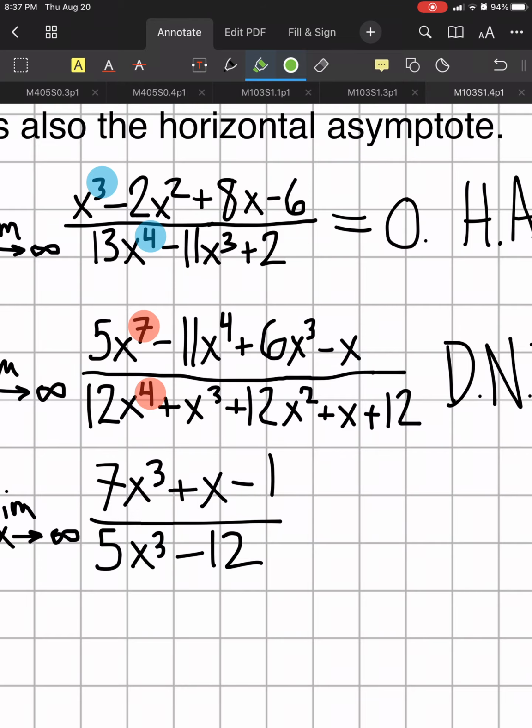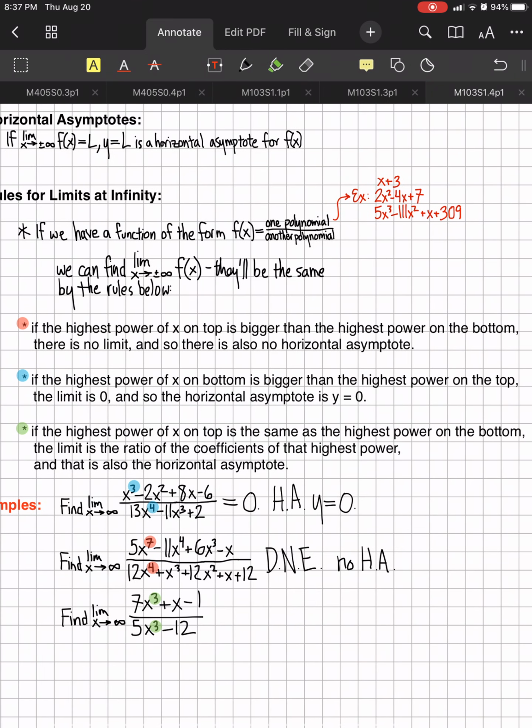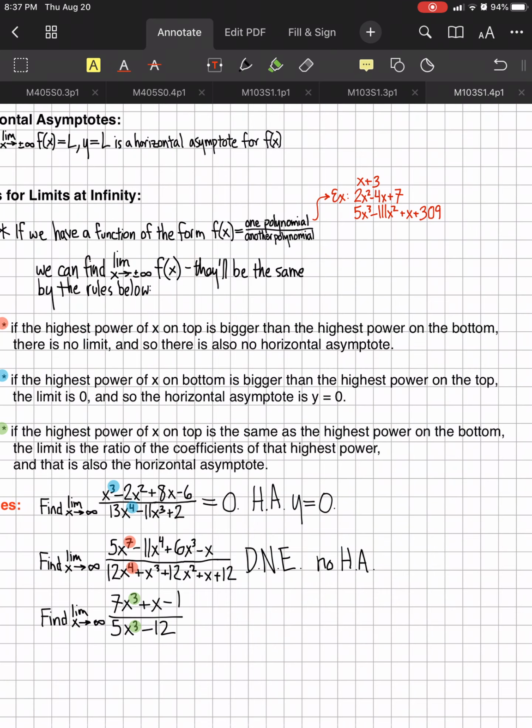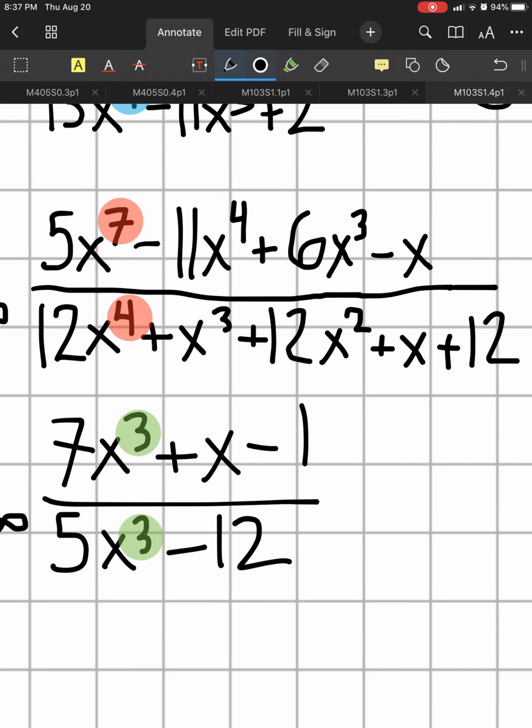All right, if you're back, what we see about the powers on top and bottom here is they are the same. That's our third case here. And in the third case, we want the limit to be the ratio of the coefficients. The coefficient on the top is 7.